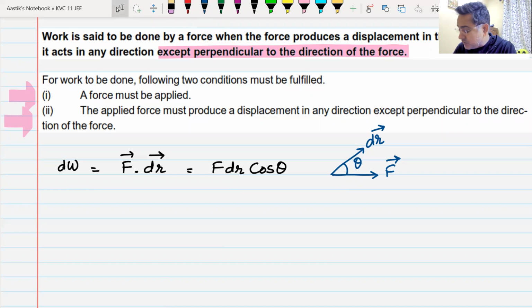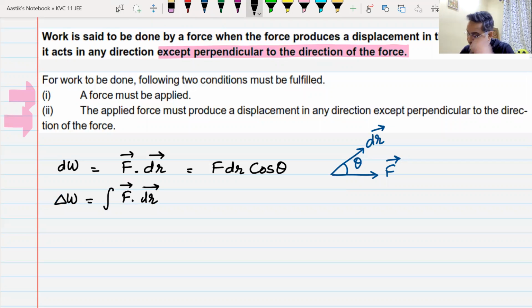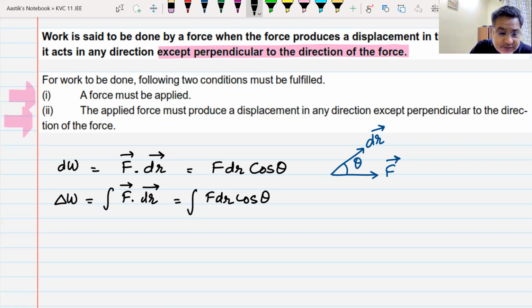If I want to find out the total work, I will always write work as delta W. Delta W, work done by any force, will be the integral of F dot dr, or you can write it as the integral of F dr cos theta, where theta is the angle between force and displacement. I hope up till here things are clear.